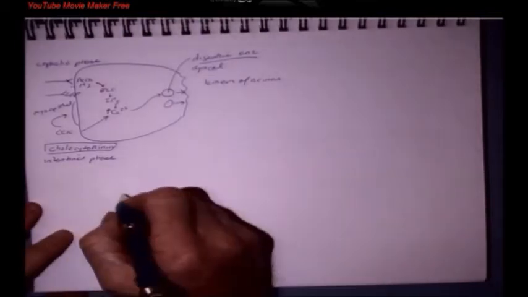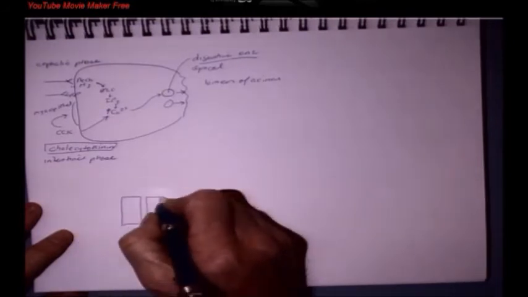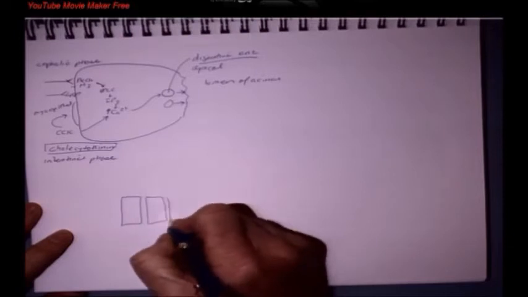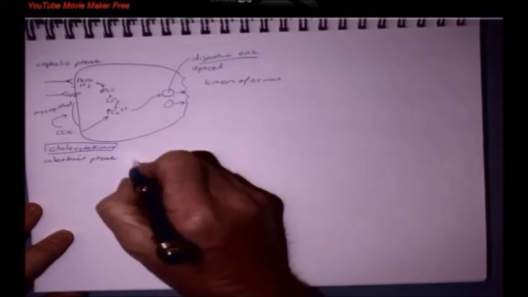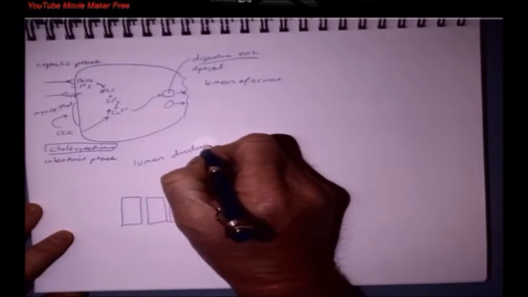So what we have in the intestinal epithelial cell, if this is the lumen of the duodenum, this is the apical portion of the cells.